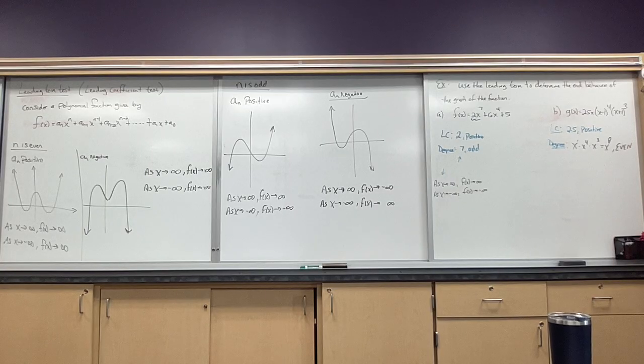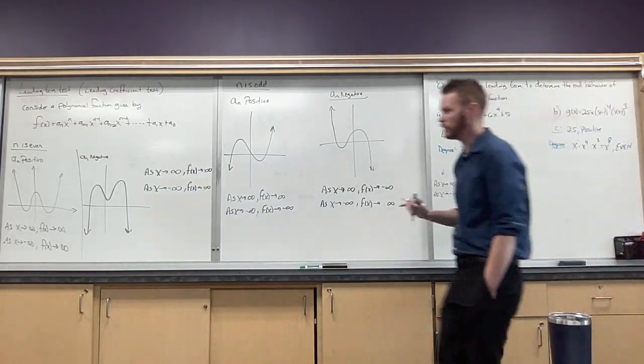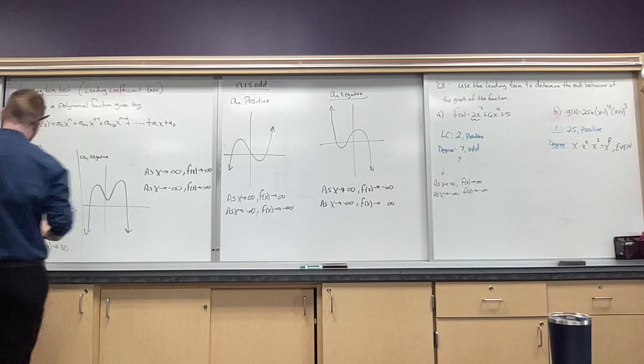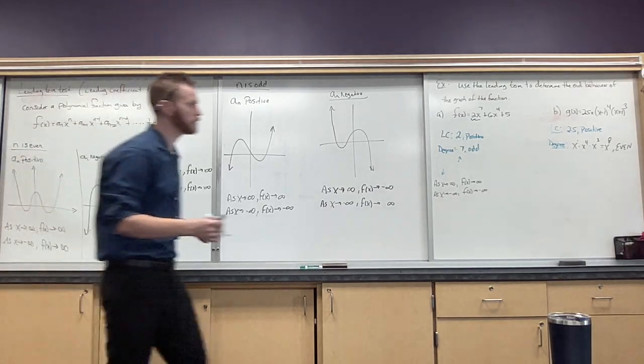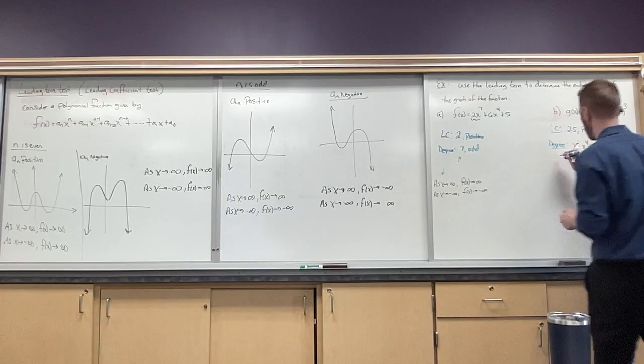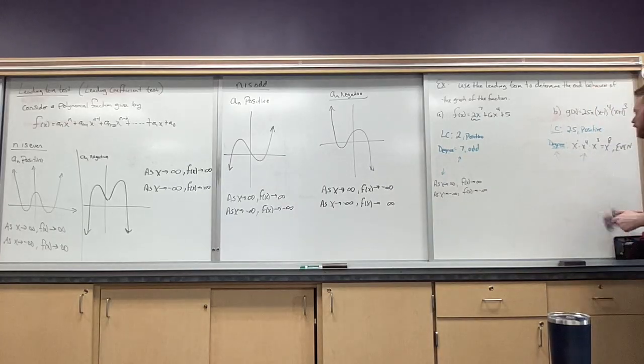Okay? So again, without actually multiplying the whole thing out, I know it's going to be at least an even degree one. So because it's positive and it's even, we're going to be looking at a graph like this, where the end behaviors are both pointing up. So let me just draw those end behaviors underneath it. Okay? And just to put it here, if the leading coefficient term was negative, then it would just be pointing downward.